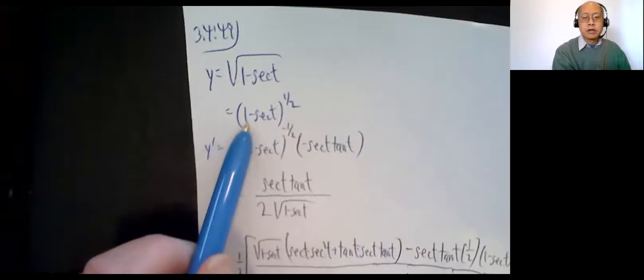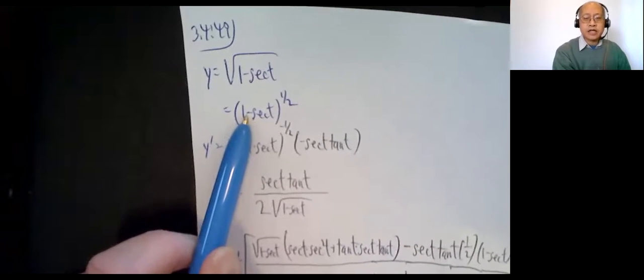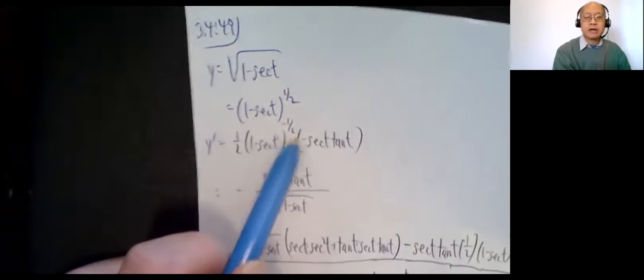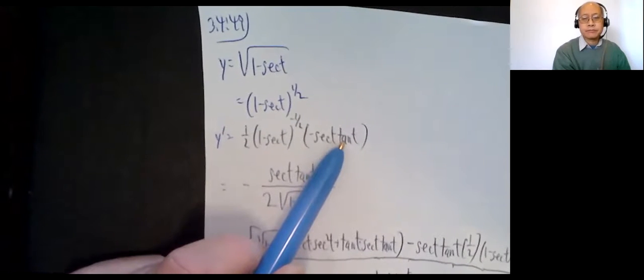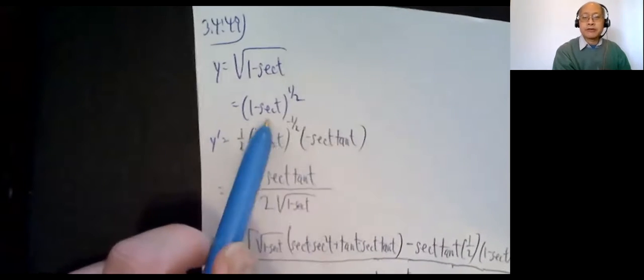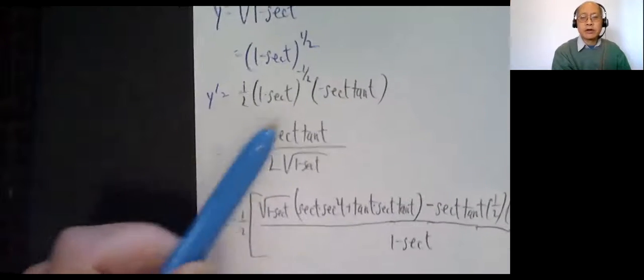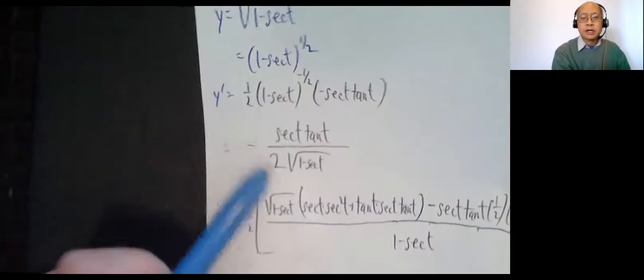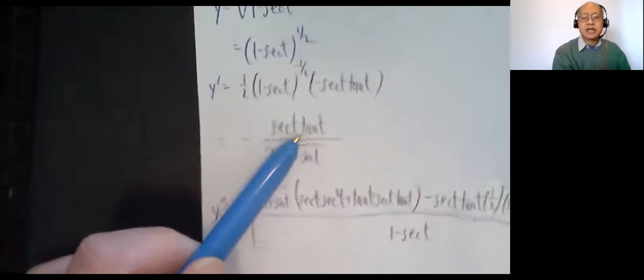The derivative of 1 is 0. The derivative of negative secant t, the coefficient is negative 1. So it's negative 1 times the derivative of secant t, which is secant t tangent t. Again, the derivative of secant is secant tangent. A little bit of touch up before I do the second derivative: negative in front of the whole thing, 2 on the bottom, square root on the bottom, secant t tangent t on top.